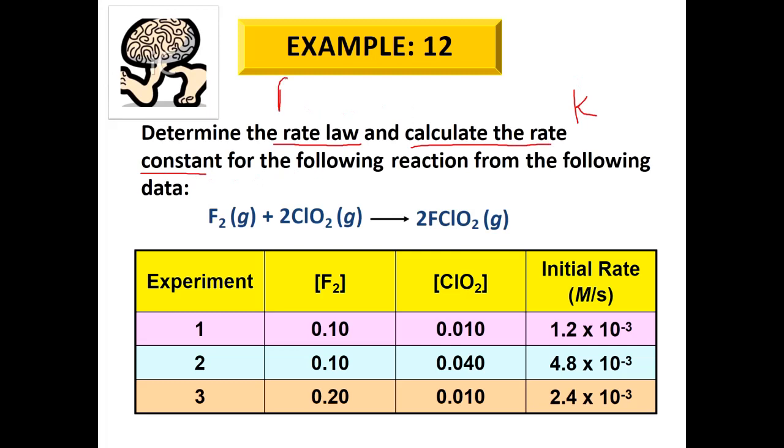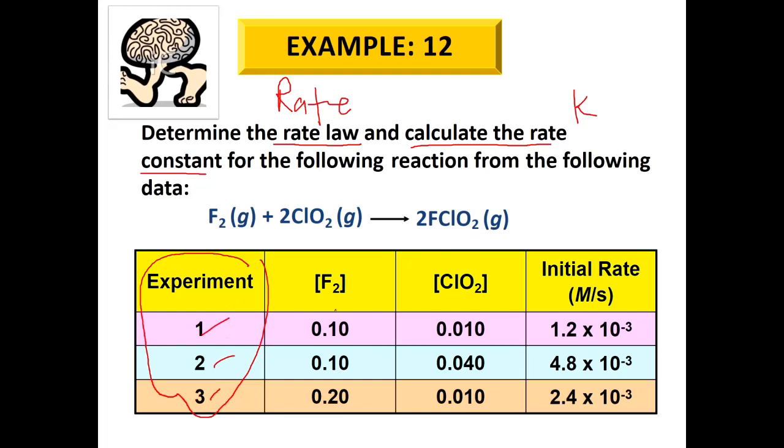This one is the rate, for the following reaction from the following data. F2 reacts with 2 mole ClO2 to produce 2 mole FClO2. We have several experiments here: experiment 1, 2, and 3.